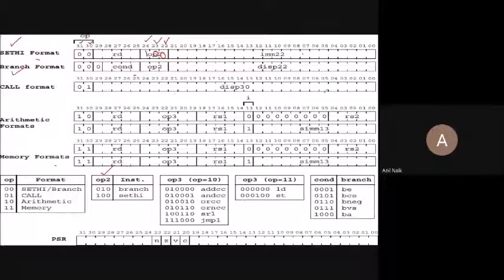And immediate 22 means here it loads the most significant 22 bits, bits 0 to 21, 22 bits. And this is the destination register.